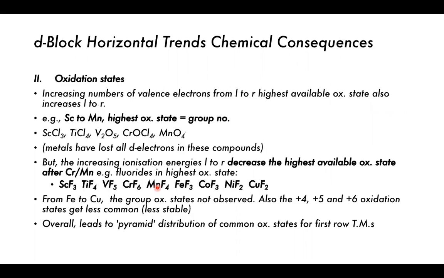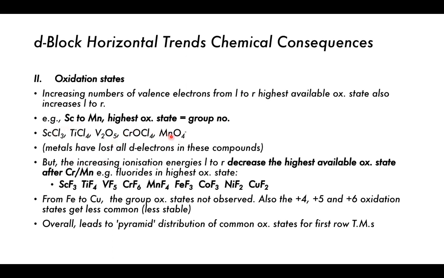So, oxidation state: the number of valence electrons increases from left to right, and the highest available oxidation state also increases from left to right. From scandium to manganese, the highest oxidation state is equal to the group number. So we have scandium chloride, titanium chloride, vanadium oxide, chromium perchlorate, and manganese peroxide, which is like the permanganate anion.